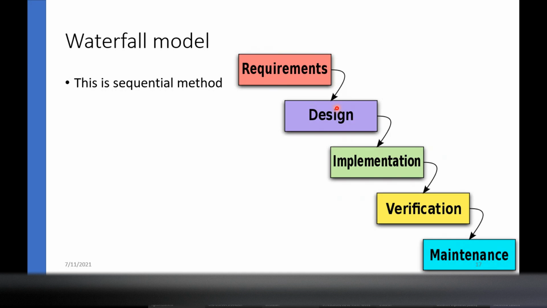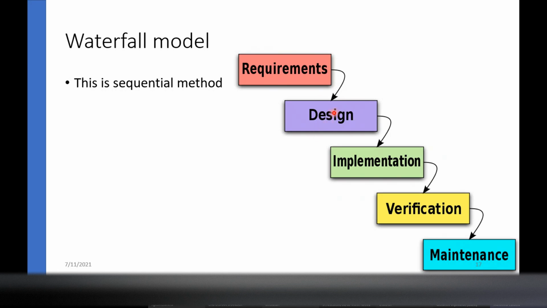Then this is the design phase. Design phase means the requirements are converted into an asset. Usually in the design phase we have some sort of diagrams, architectural designs. Sometimes we also create user interface designs. At this phase we have not coded; no programming is involved.